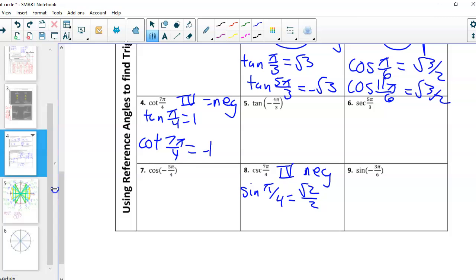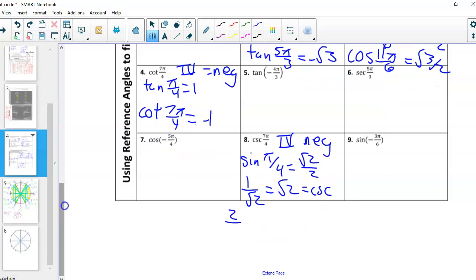So in reverse, cosecant is going to be this, but negative. Or you could flip this and then rationalize it again.